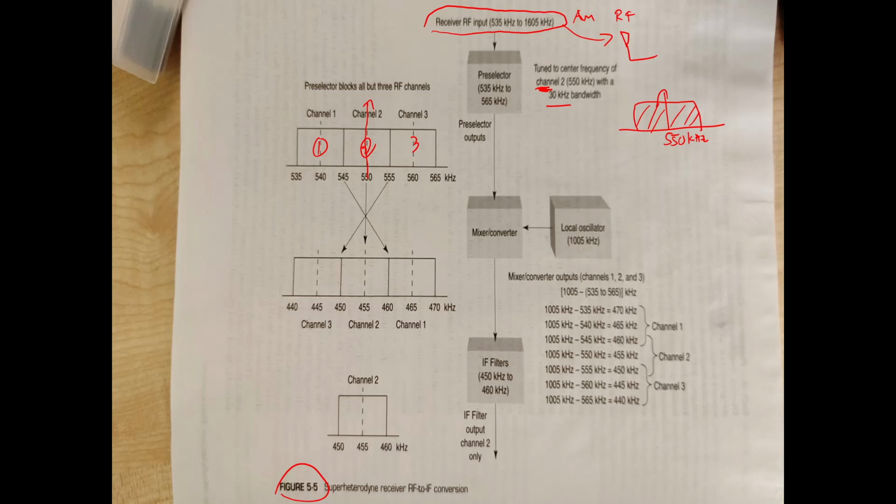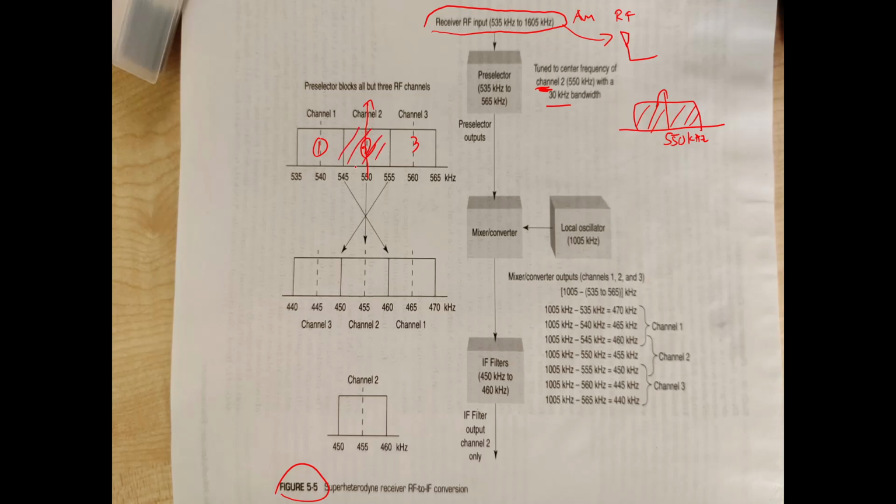Okay, the word tune kat sini adalah bermaksud kita tune kita punya radio tu pada frekuensi tersebut. When this happens, the center is at 550. The pre-selector has a bandwidth of 30 kilohertz, so within 30 kilohertz there are 3 channels, and I want to listen to this channel only.